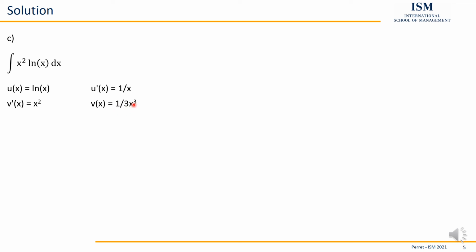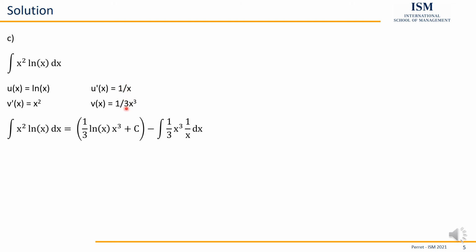If we then plug this together, first off, u times v, giving us 1/3 x to the power of 3 ln x. So those two, plus c, minus then the integral of those two.